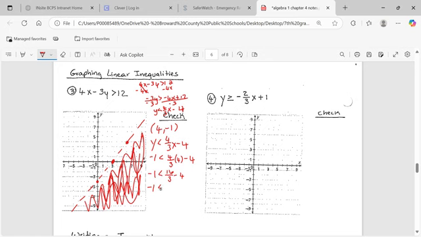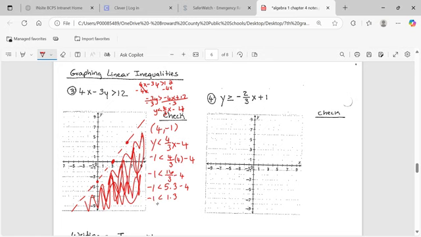Negative 1 is less than, is that 5.3? 5 and 1/3 minus 4. So negative 1 is less than 1.3. And that is true. So I know that, yes, that side of the equation would work.